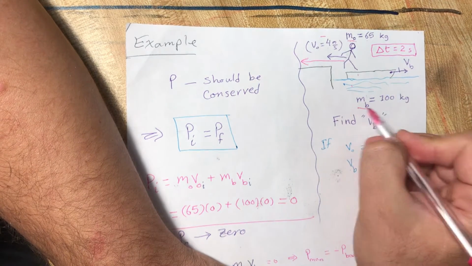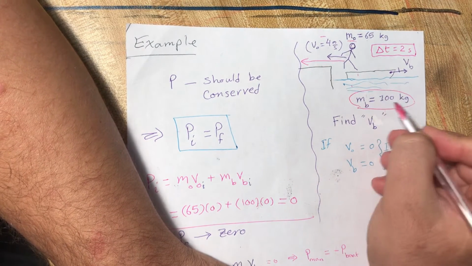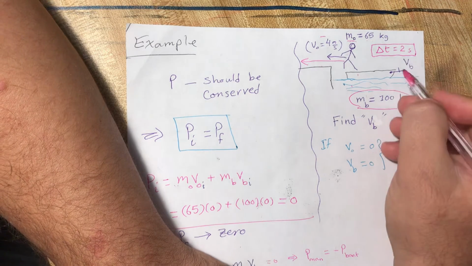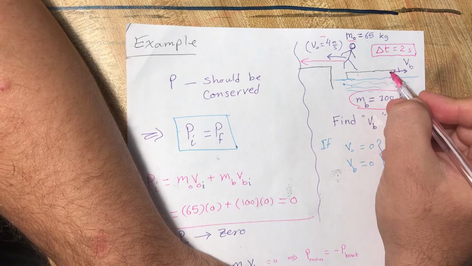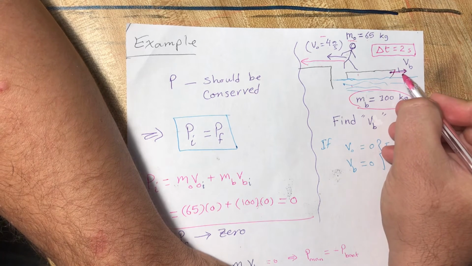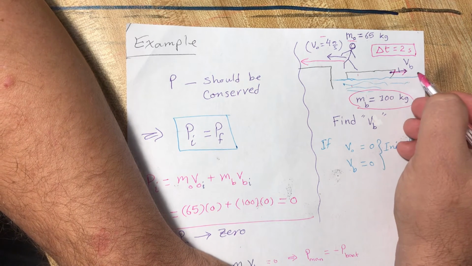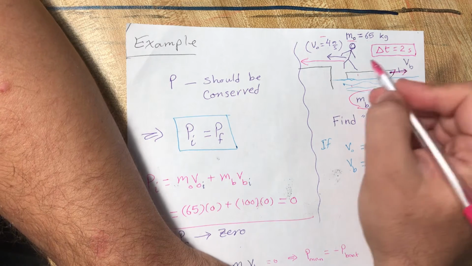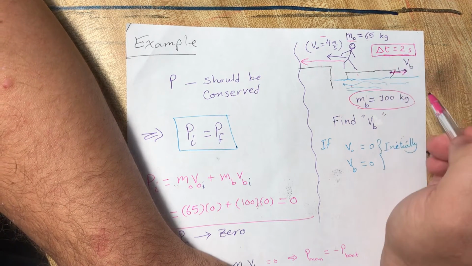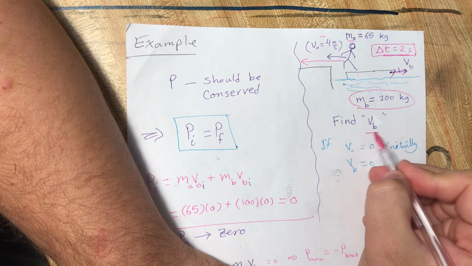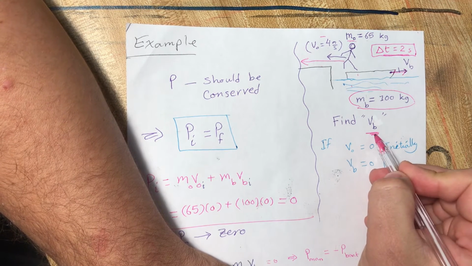The mass of the boat is 100 kilograms and the boat, logically, will move to the right, in the positive x-axis direction. If this process takes 2 seconds, what is the velocity of the boat?